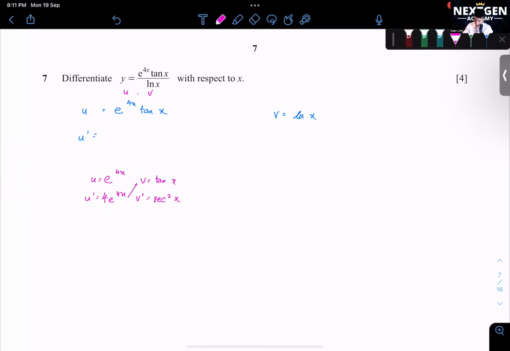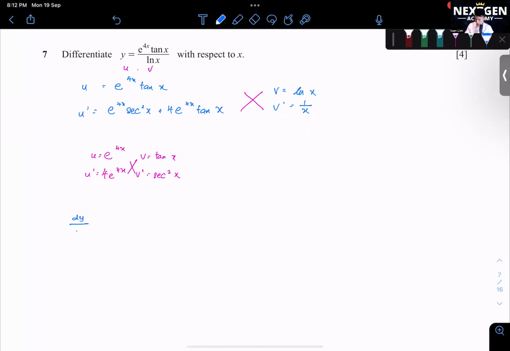Then you cross, which you will get e to the power of 4x secant square x plus 4e 4x tangent x. v prime 1 over x. Cross it. This is using quotient rule.